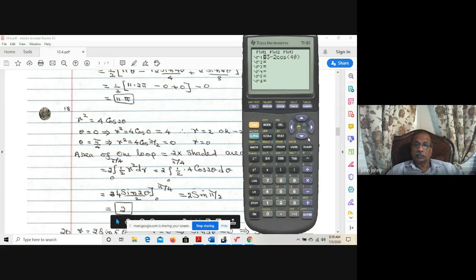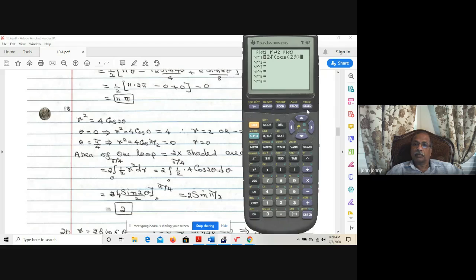r is equal to 2 times square root of cosine 2 theta.